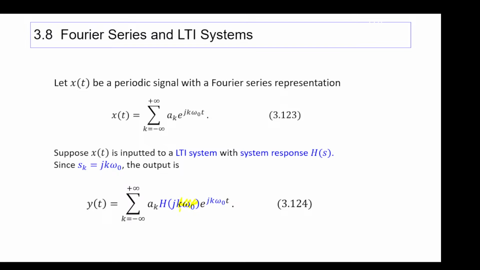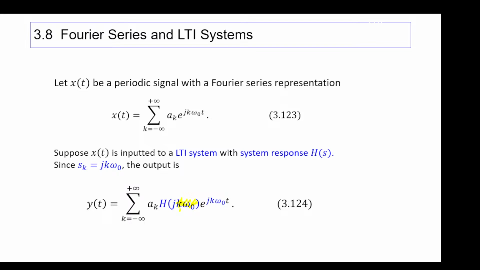When your H is a filter, you will determine whether a component gets filtered out or not depending on this k omega 0. So we'll see how we express everything in k omega 0.